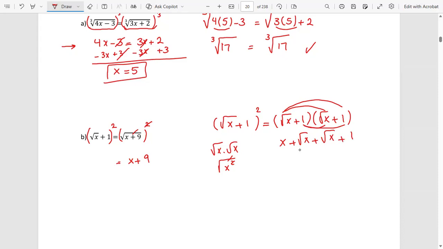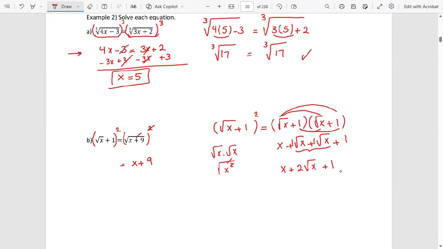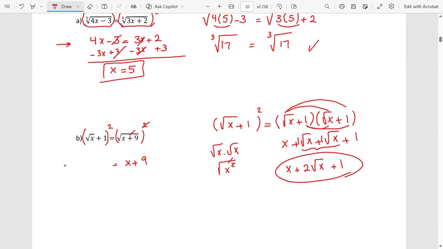And if I combine like terms, 1 square root of x plus 1 square root of x is 2 square root of x. Bring down the rest, and that is my answer. So I have to write that one as the answer for the left side.